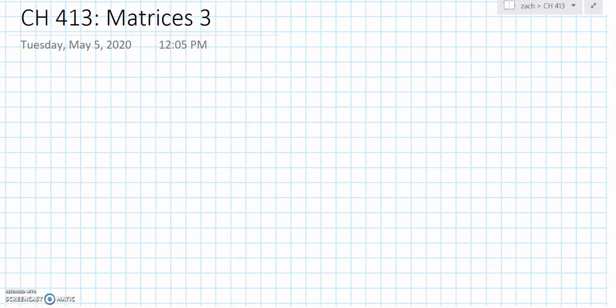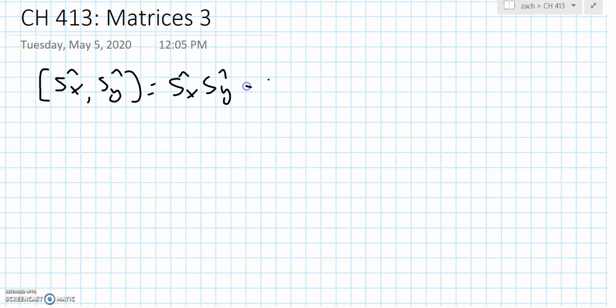Alright, so let's consider our last example. If we wanted to figure out if, for example, SY and SX commuted, we'd do stuff with the commutator. First, we write out what the commutator of SX and SY is. So we have [SX hat, SY hat] equal to SX SY minus SY SX.